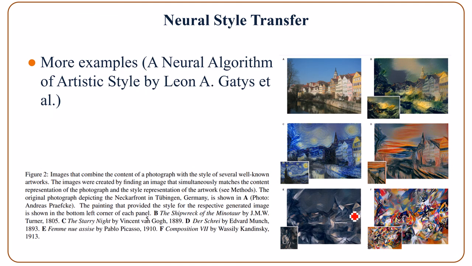There are some more examples of neural style transfer in the paper Neural Algorithms of Artistic Style by the author Leon Gatys. At the top left corner is the original photo, and this is the content image. Depending on which style image you apply, you may get a different generated image.